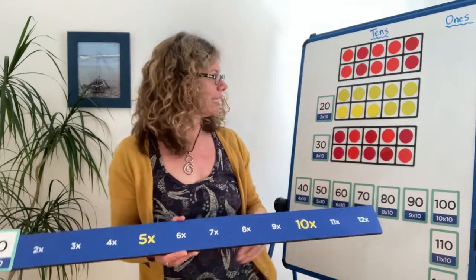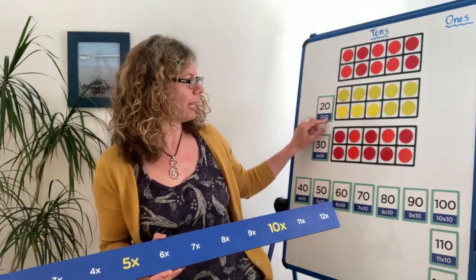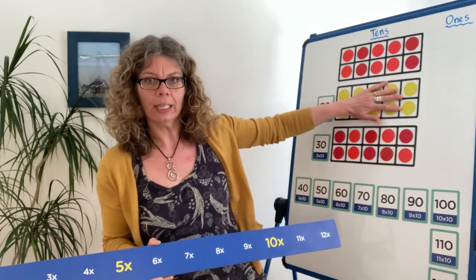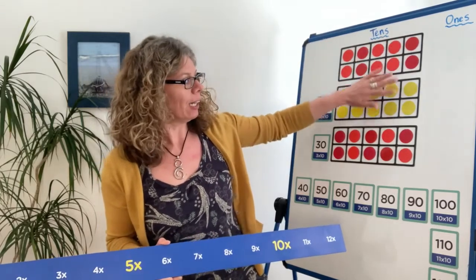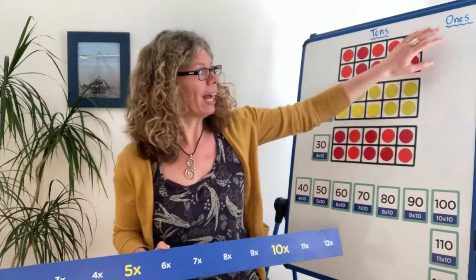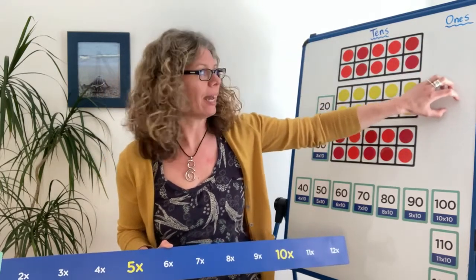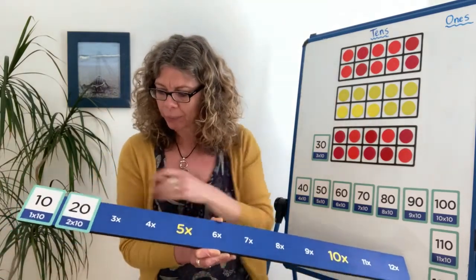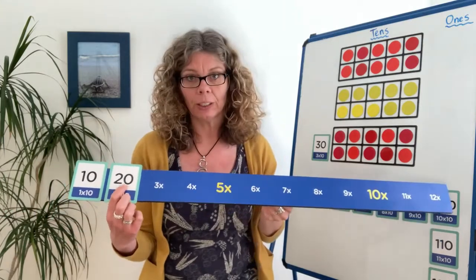Okay, so let's have a look now at 2 times 10. So that means that we've got 2 full 10 frames. 10 and another 10 is 20. Again, we haven't got anything in the ones column, it's empty, which is why we put a 0 to show that we haven't got any ones in the ones column.